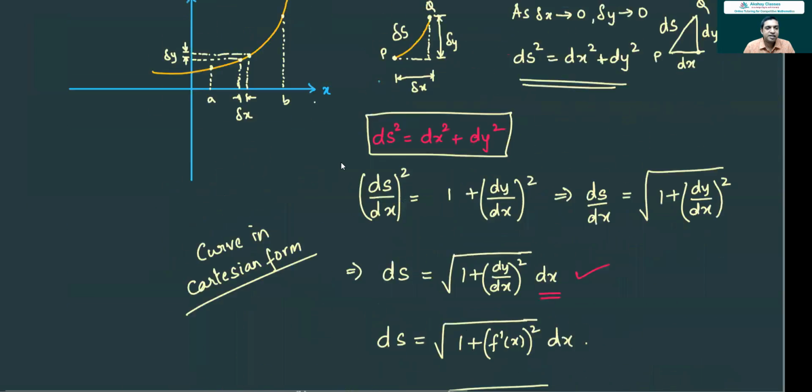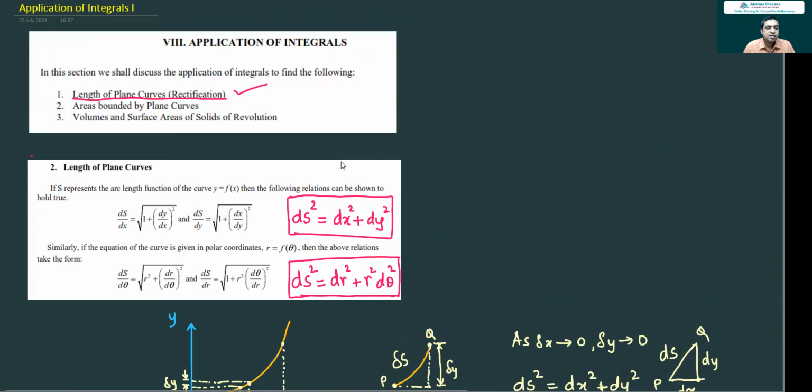When we integrate ds, we'll have to integrate either with respect to theta or with respect to r, as the problem defines, whichever is easy. That we'll see soon in some problem.